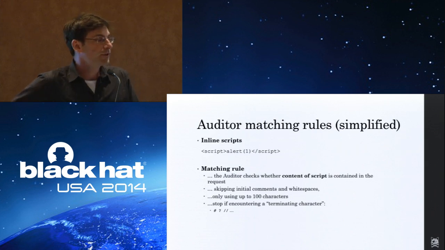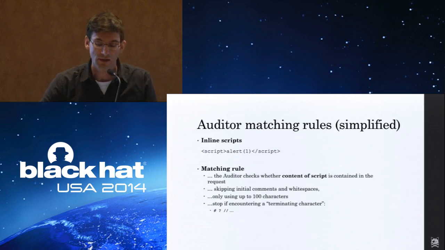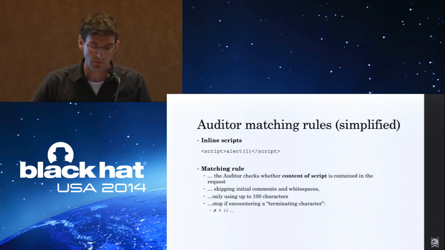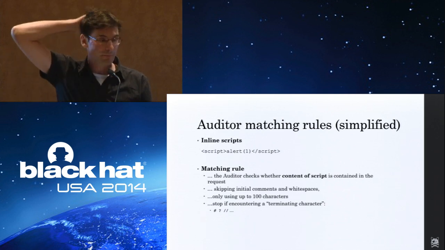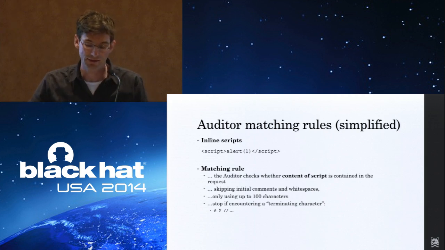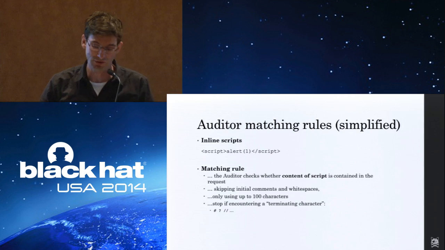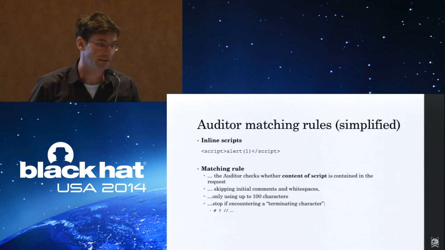So let's quickly go over three slides of matching rules, because as I told you, they differ for the various JavaScript contexts, and they're also the basis for some of the bypasses. So the most basic injection is injection of complete script tags. So you inject a script tag, you inject your JavaScript payload, and sometimes you even close the script tag, or actually in most cases you have to close this.